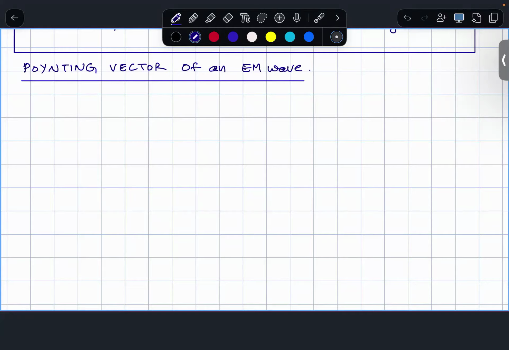So how to define this? Remember, this is a vector quantity.